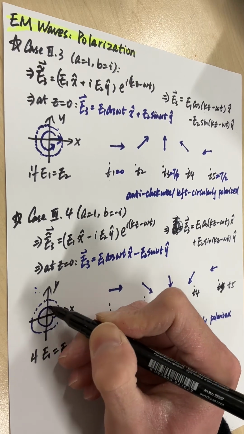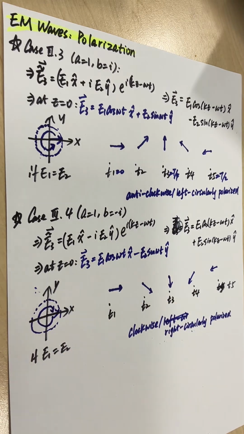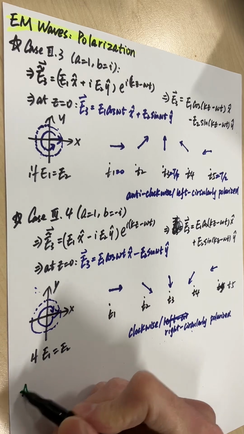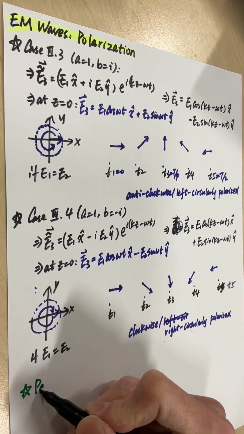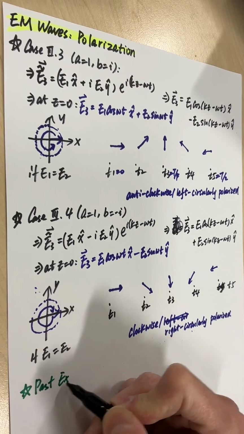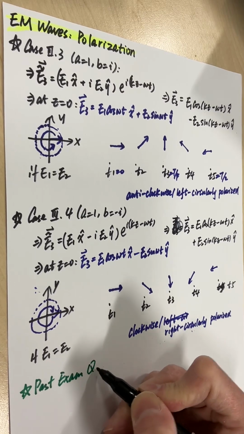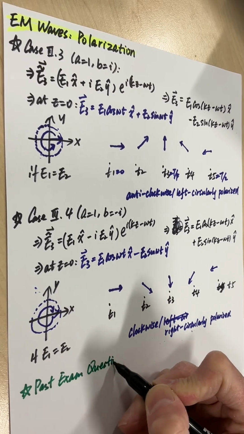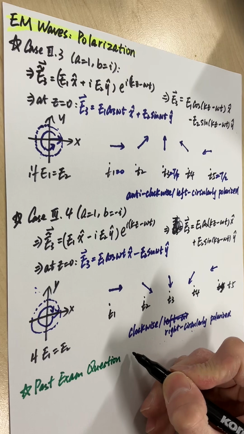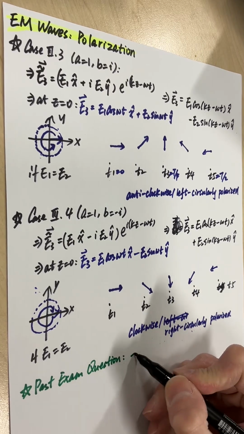but it's clockwise. Now what happens when E1 doesn't equal E2? So we have, for example, a past exam question where the field is expressed in this way.